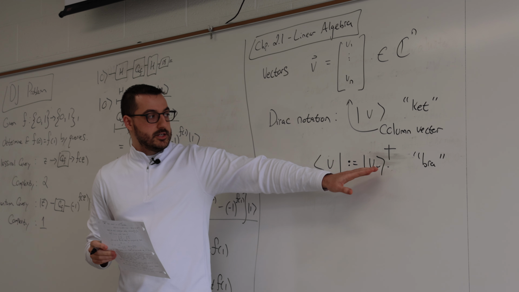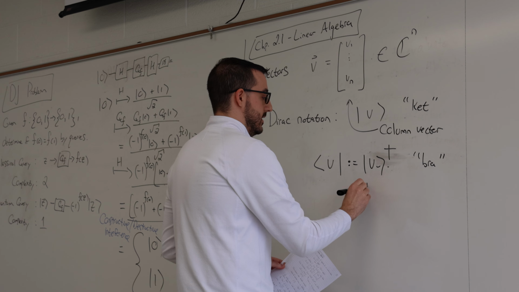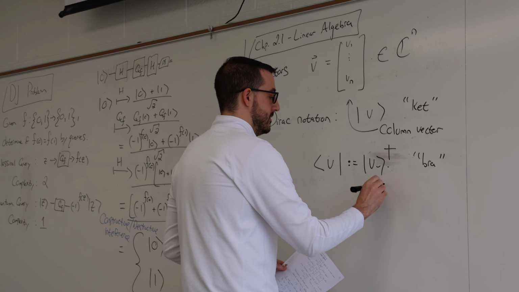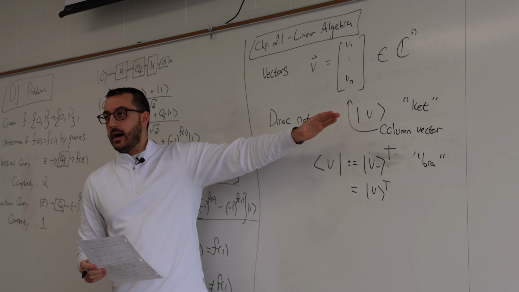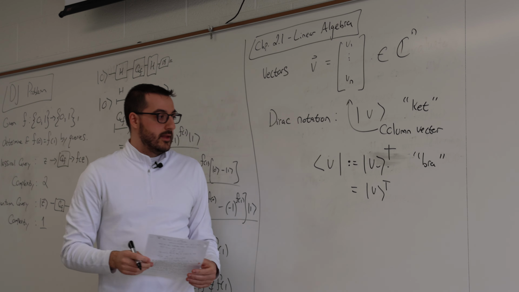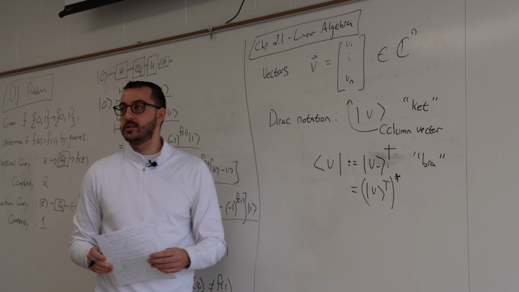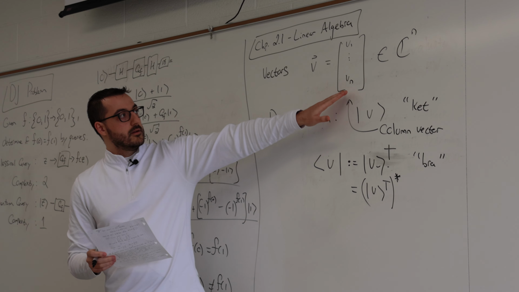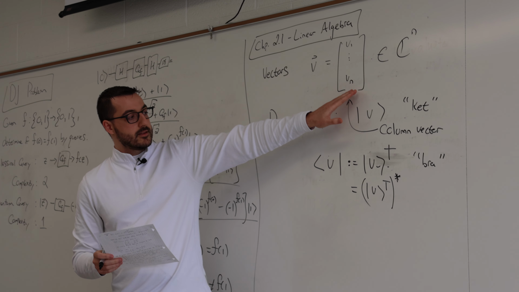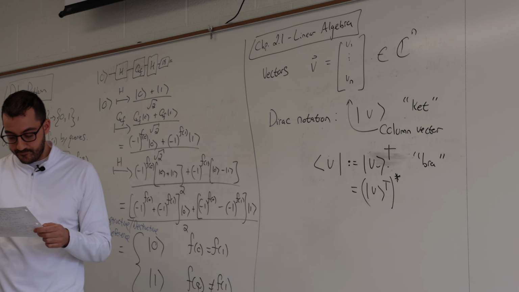This dagger notation is also kind of unique to quantum. What it means is two things. First, take the transpose of the vector. The transpose will take it from a column vector to a row vector. And then on top of that, take the complex conjugate of each element. Complex conjugate means flip the sign of the imaginary component.